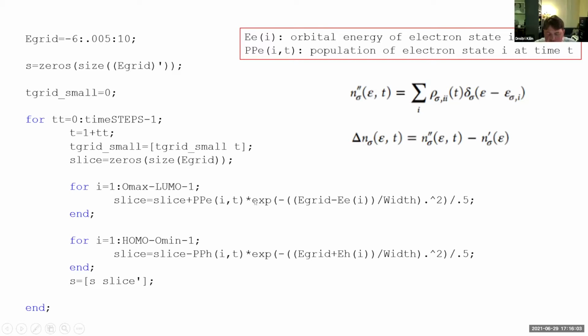But if you use Gaussian for density of states, what else is different? If you look at the equation, the first line with equations, here. What should we change in this equation to convert it into density of states?